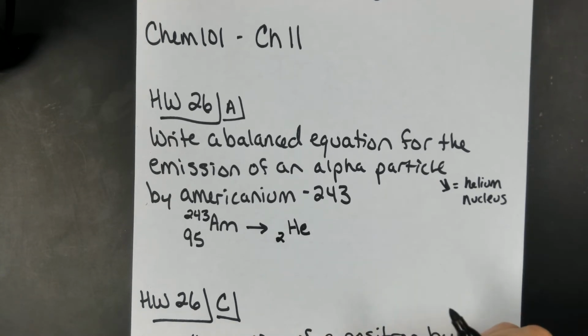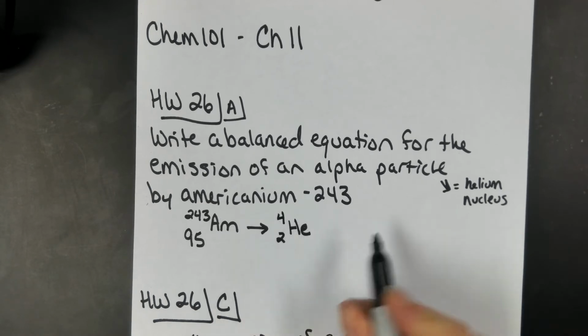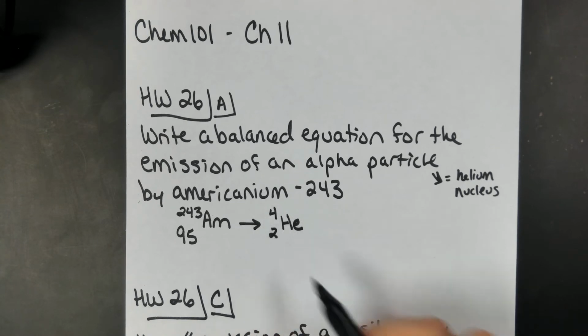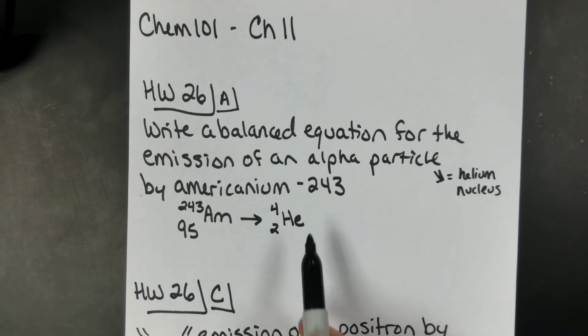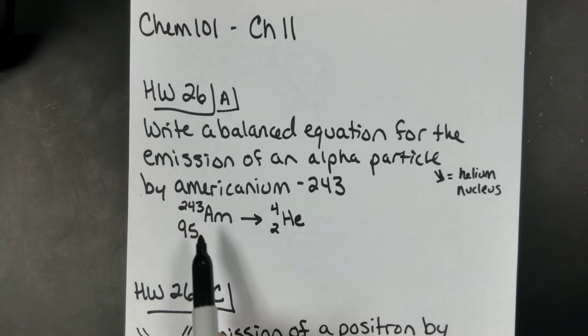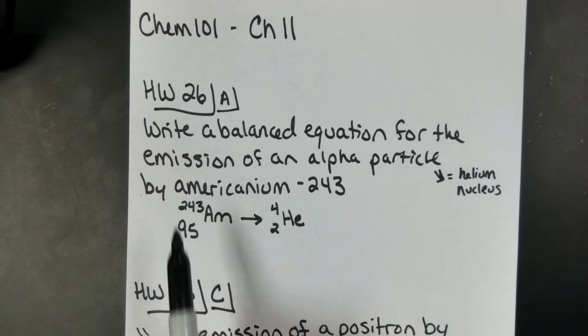We can find that from the periodic table, or we memorize it, or it will be given. This will be given on an exam, and you will be told that this is the same thing as an alpha particle. Remember the number of protons on the right side has to equal the number of protons on the left side. Same with the mass number. They have to balance out, and they have to equal each other.